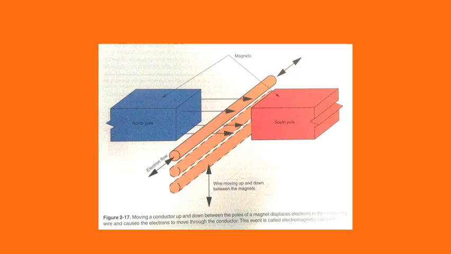If you were to fashion a conductor into many loops, a coil effectively, and rotate it between two magnetic poles, you would have a crude generator, such as the one in figure 2-18.